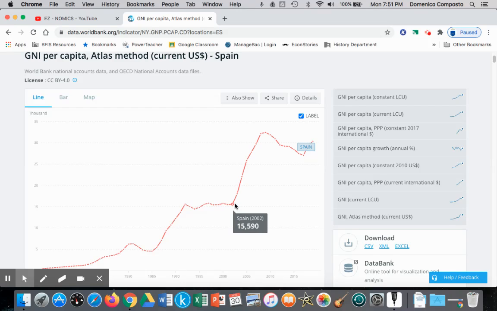Now, from 2002 to 2008, you can see there's a sharp increase in gross national income per capita in Spain. Perhaps this was a result of the real estate boom. This is the lead up to the 2008 economic crisis. Interest rates were low by the central bank and retail banks, so a lot of people were borrowing and buying apartments, housing.